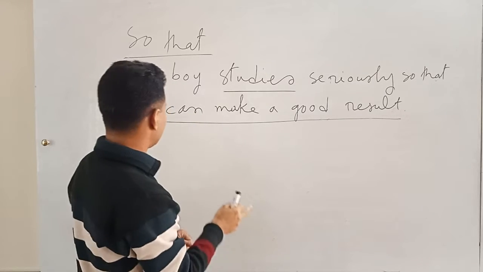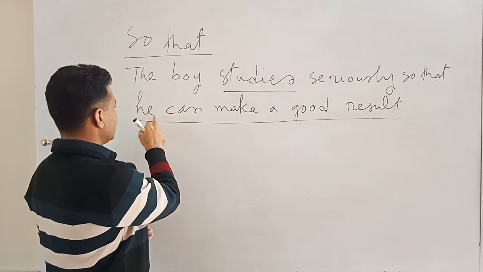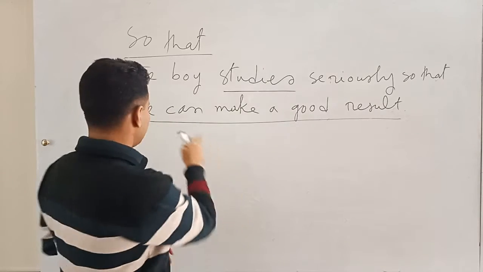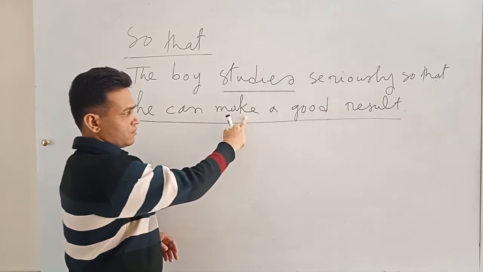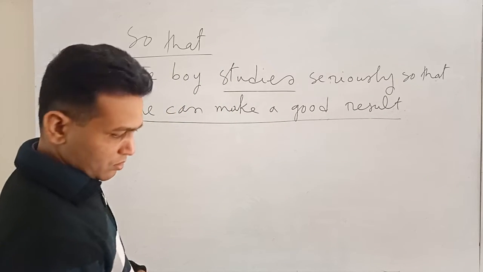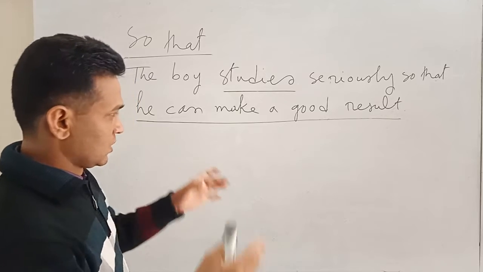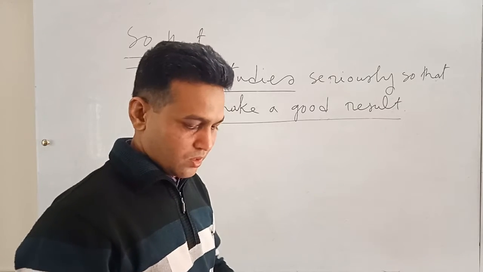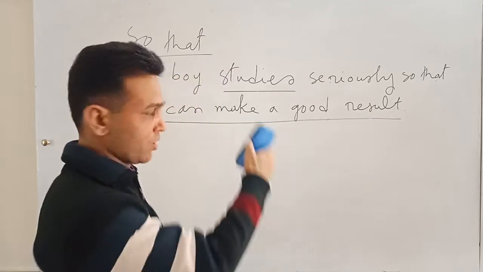Of course, you have to use subject plus could plus principal verb, base form of principal verb and object. Okay. So in case of completing a sentence containing so that you have to use this form.